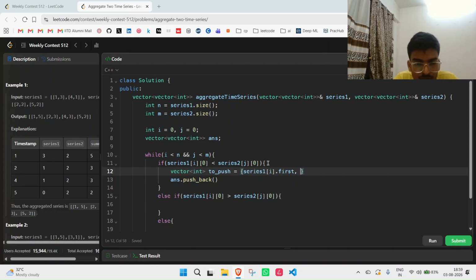And the value should be series 1 of i dot second. It's not a pair, it's only vectors. Here i of 0, here is i of 1 plus series 2 of j of 1.